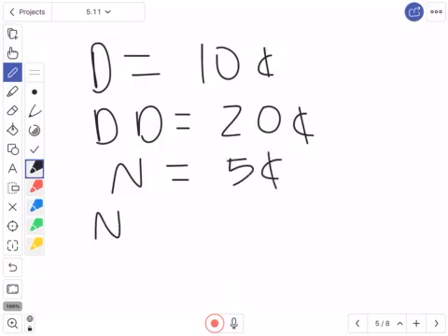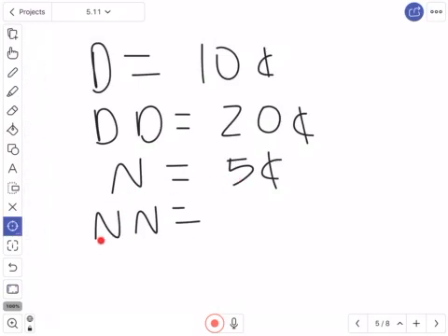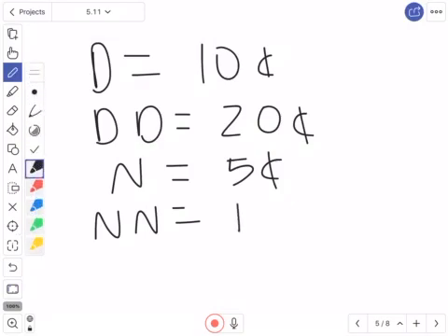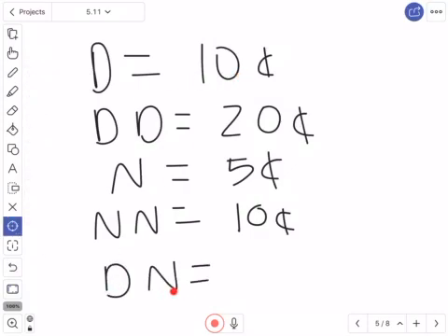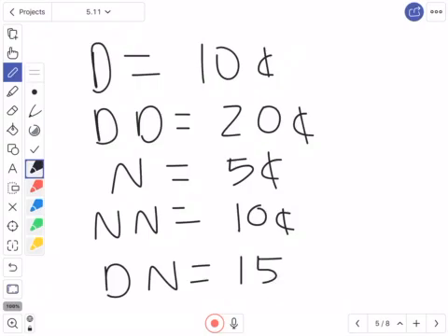Let's say I have 2 nickels. One is 5, so we can count by 5s. So it would be 5, 10. 10 cents. Let's say I have a dime and a nickel. Dimes count by 10, nickels count by 5. 15 cents.